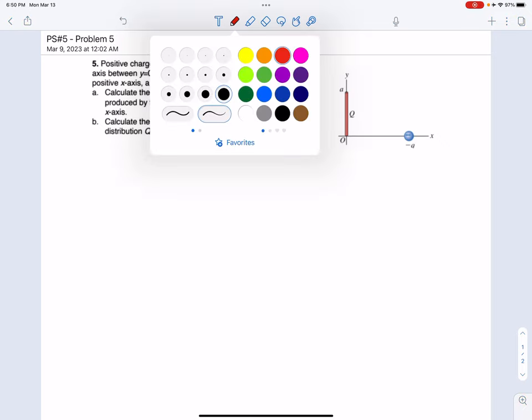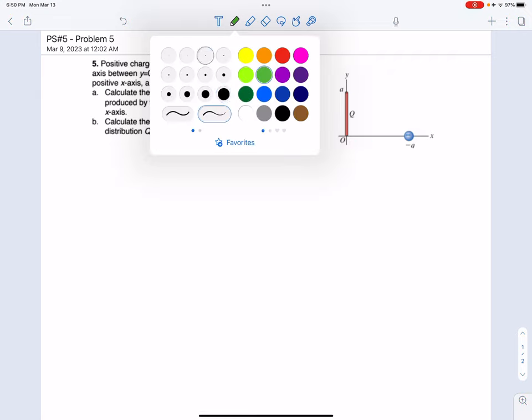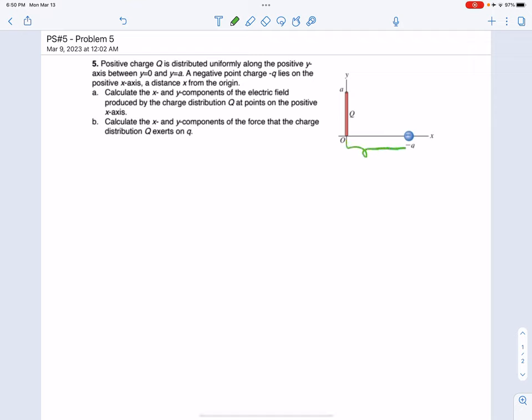So we're going to call this distance x, okay? So for part A, calculate the x and y components of the electric field produced by charge distribution Q at points on the positive x-axis.